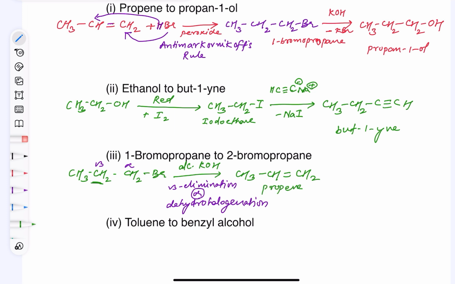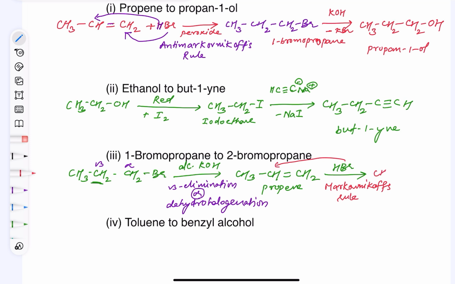Now this propene is further to be reacted with HBr. Now this will follow Markovnikov's rule. What is it? It will follow Markovnikov's rule, where you will see that HBr will be added to the carbon having less number of hydrogens attached to it.